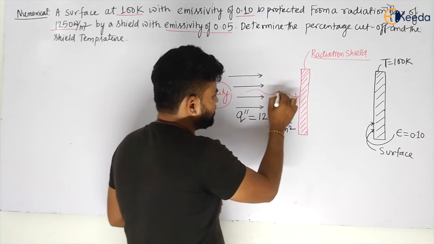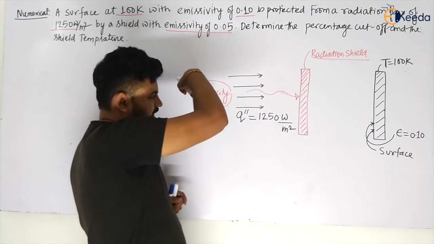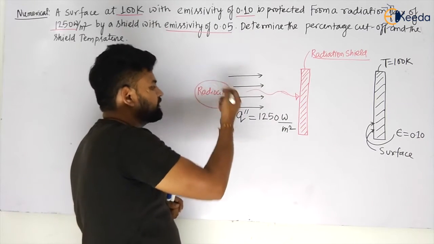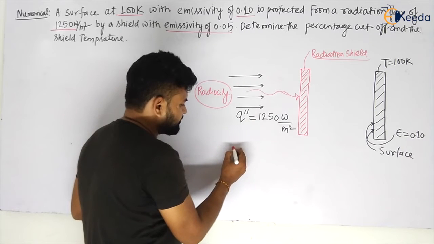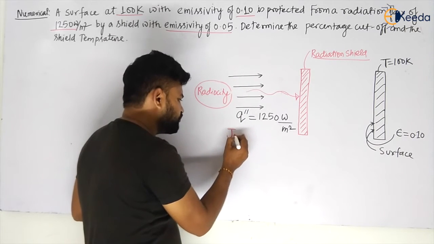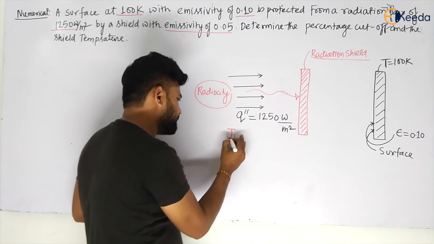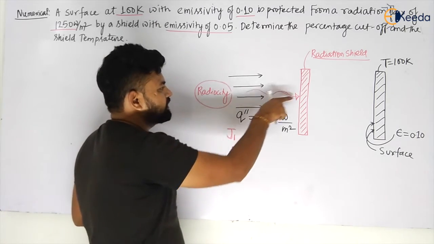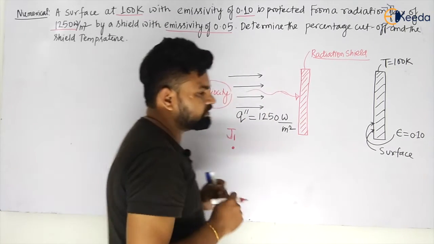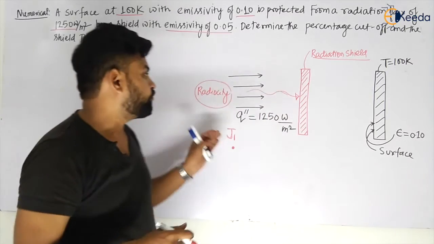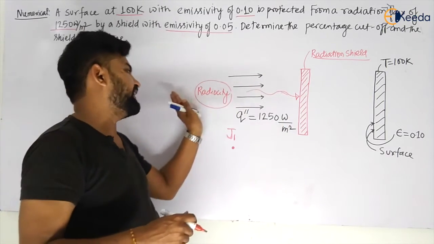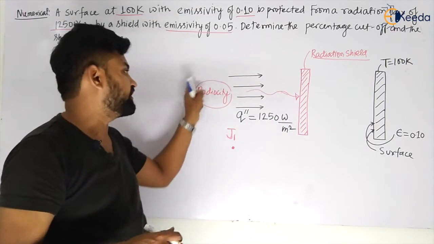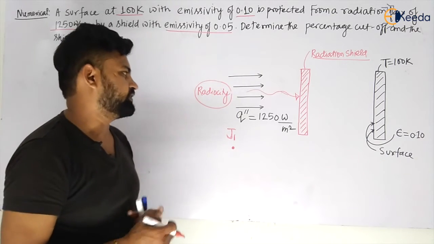So from somewhere it is coming, so from this perspective I can make it understand like that is some radiosity J1, my dear students. That is some radiosity which is coming towards this surface from another surface, means that is the radiation which is falling on our surface and leaving from where this is coming. Okay.